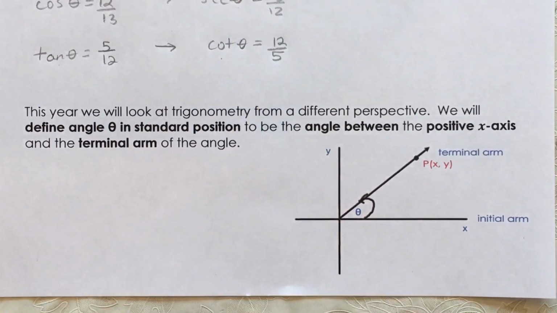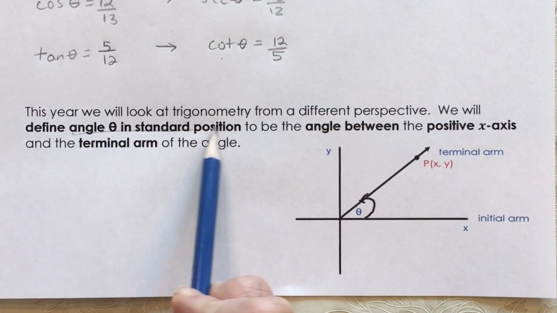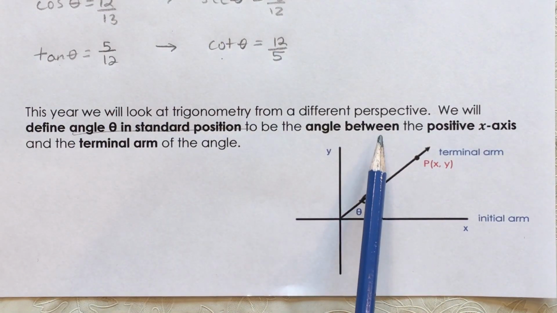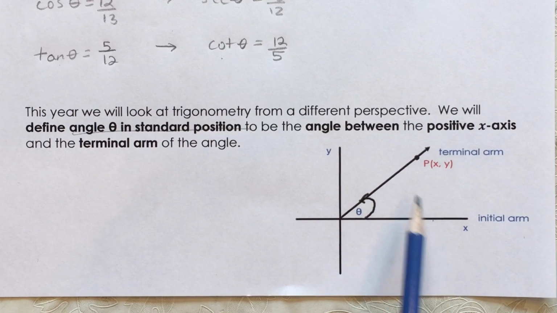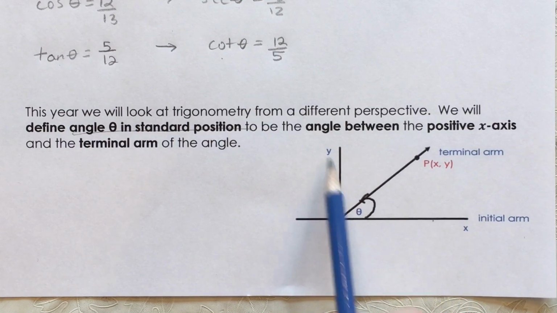So this year in grade 11 trig, we're going to look at trigonometry from a different perspective. We're going to define angle theta to be in standard position when it's an angle that's measured from the positive x-axis to the terminal arm of the angle. So for instance, in the diagram that I've started to draw here, we've got our x and y axis.